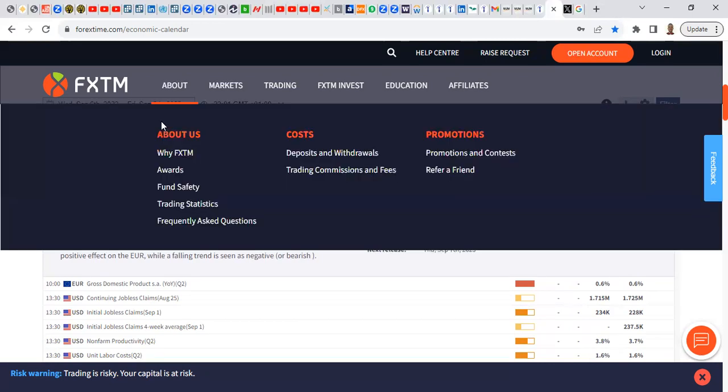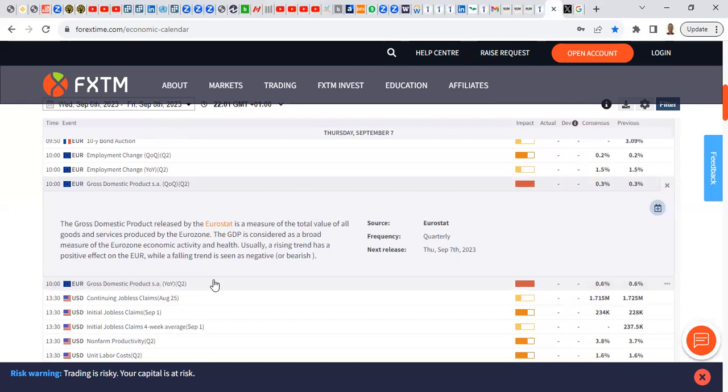I'll share the link to this economic calendar. You just try your demo account and at 10 o'clock tomorrow, look at the actual value and look at the variation. If the value is more than 0.3, try to place a buy order for euro USD.